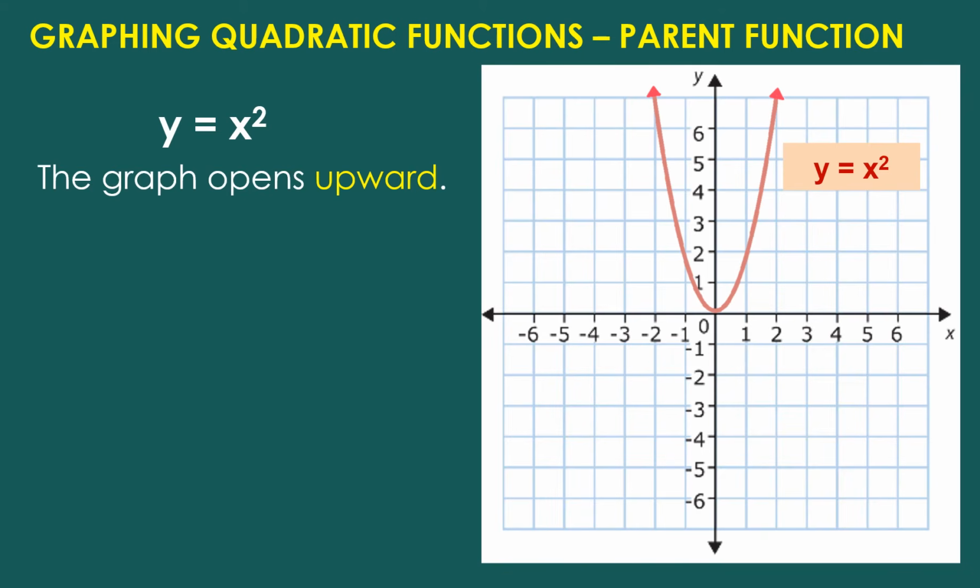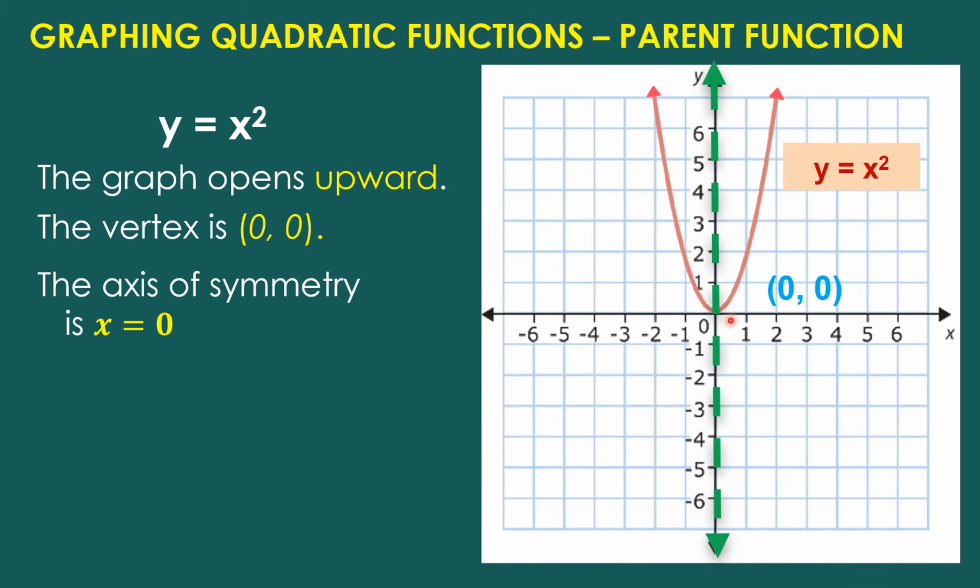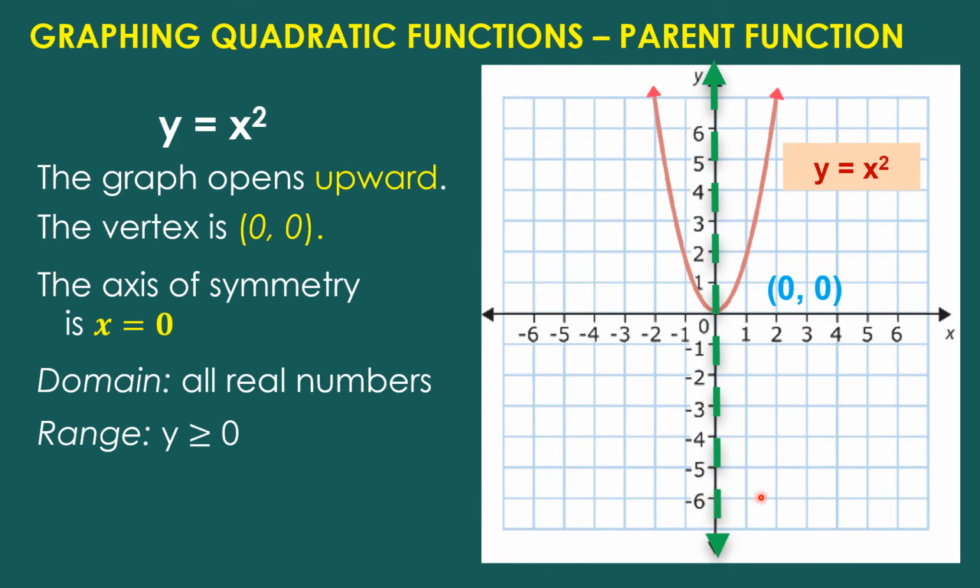Notice that the graph here opens upward because the value of a is greater than 0. The vertex is at (0, 0). The axis of symmetry is x equals 0. The domain is the set of all real numbers, and the range would be y is greater than or equal to 0.